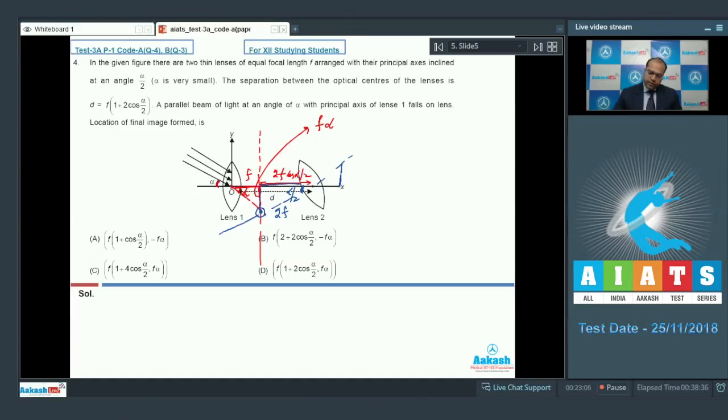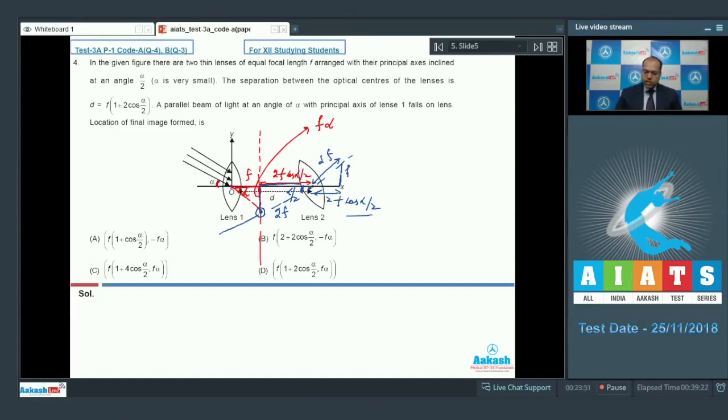So if this is 2f, since f is the focal length, if the object is placed at 2f, then the image is also formed at 2f. So this separation will be 2f, and in that case this separation will be 2f cos alpha by 2. So the height of image is same as that of object when the object is kept at 2f.